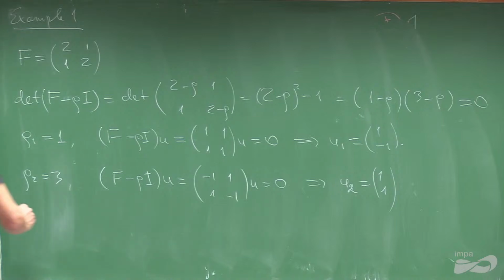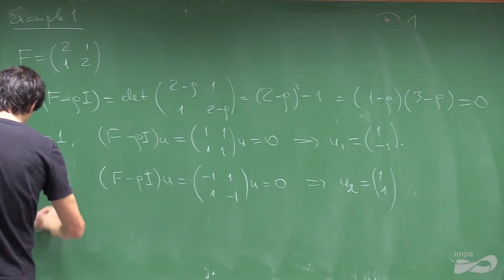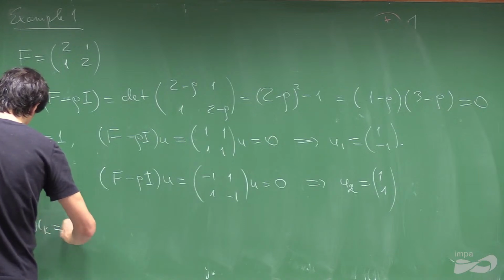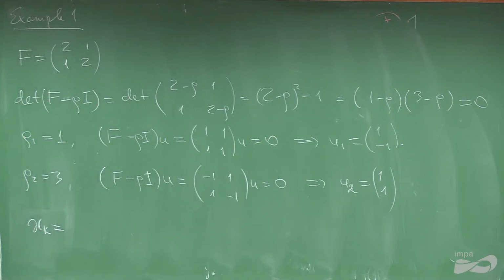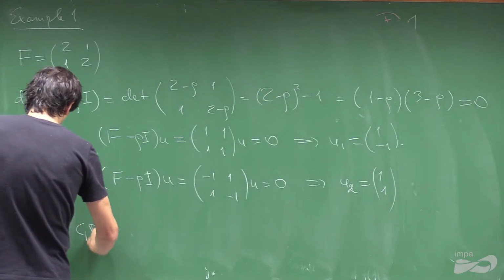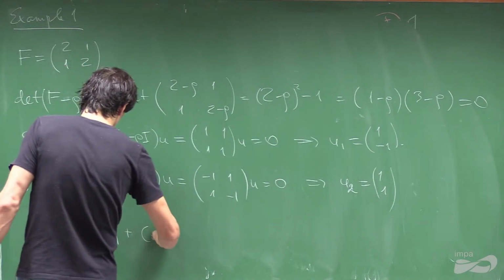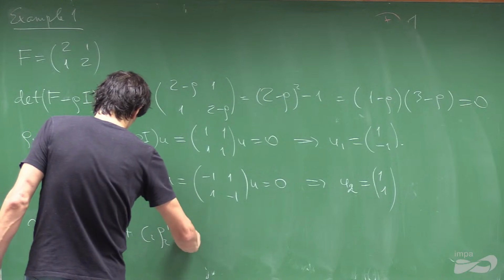So at the end, we get a general solution of the discrete system as the sum of the two. It will be C1 rho 1 to the power k u1 plus C2 rho 2 to the power k u2.